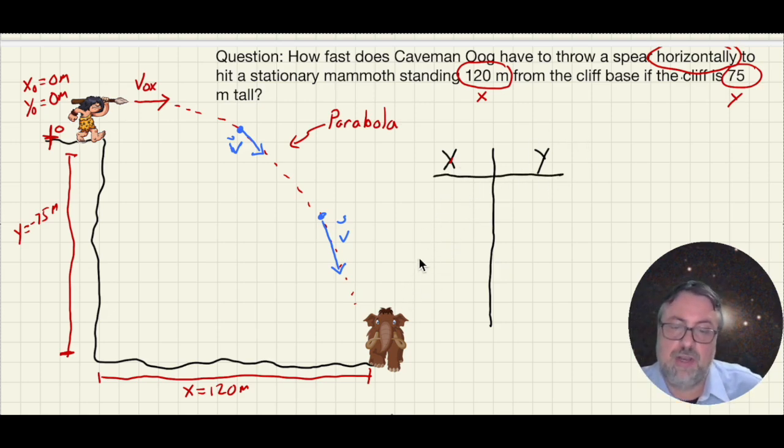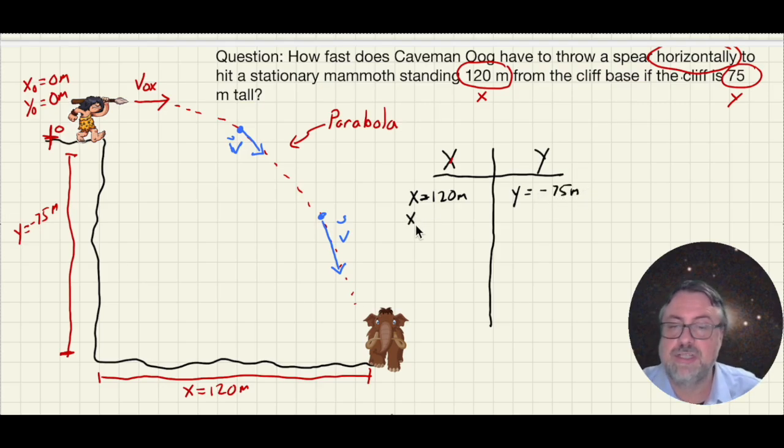As we noted in this problem, the distance that the spear needs to travel in the x direction is 120 meters, and the distance the spear needs to travel in the y direction is minus 75 meters.